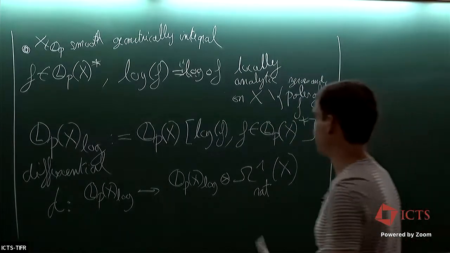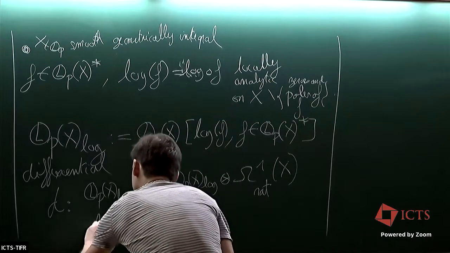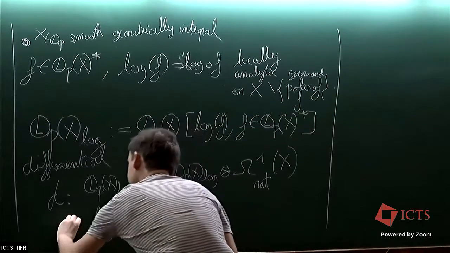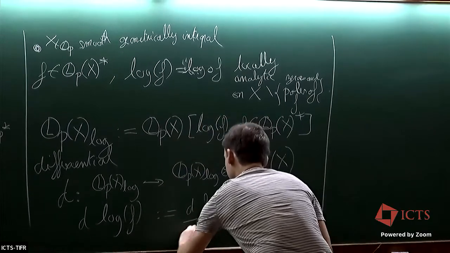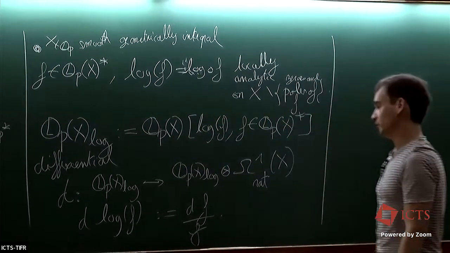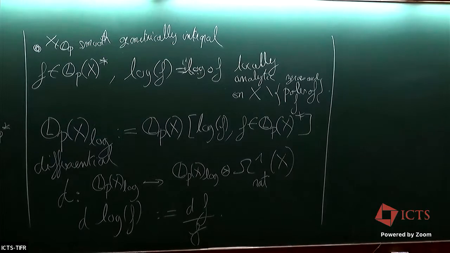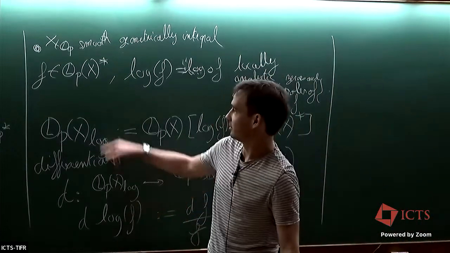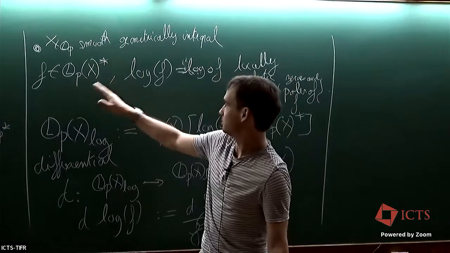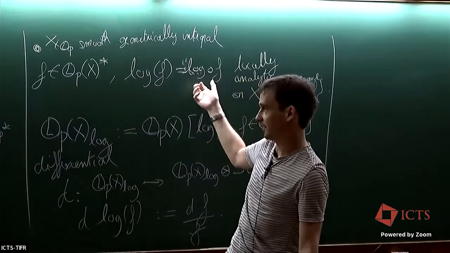Yeah, df over f. So d log of f would be df over f. That's actually the only definition making sense, extending the usual one. And there, something very important happens. You start with something that's not inside Qp(X) star, okay? It's a new function defined like this.